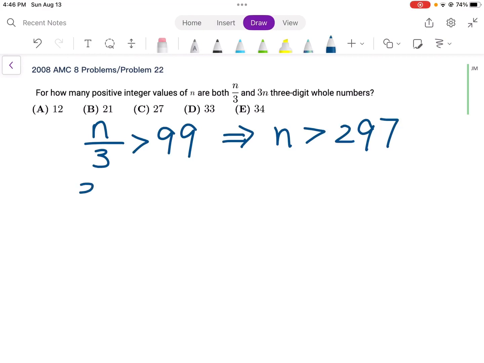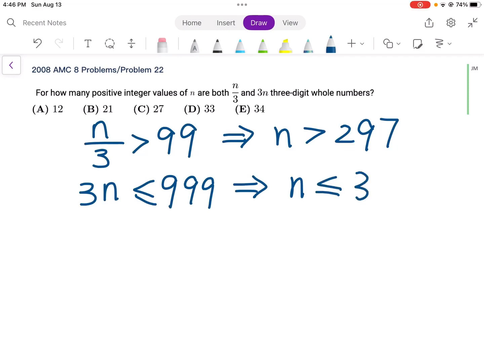And 3n is also a 3-digit whole number, which means it's smaller than or equal to 999. From here we get n is smaller than or equal to 333.